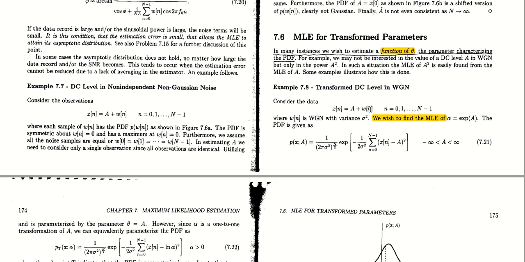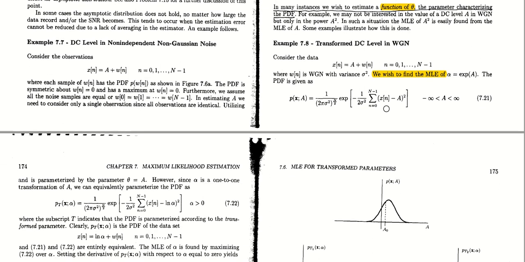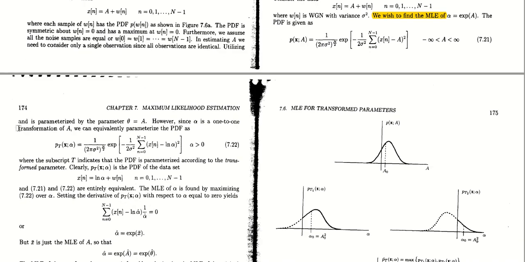So even if you're interested in exponent of A, it doesn't change the data model. As a result, it doesn't change the PDF, right? So you have p(x; A) equal to this, and then it's parameterized by the parameter theta equal to A. However, since alpha is a one-to-one transformation of A, we can equivalently parameterize the PDF as this one.